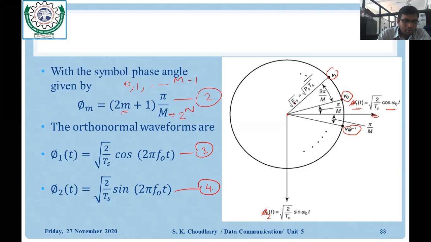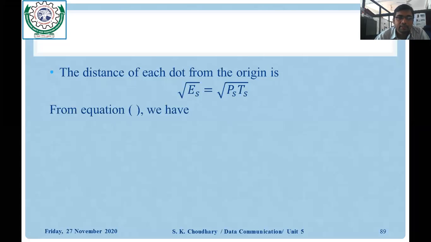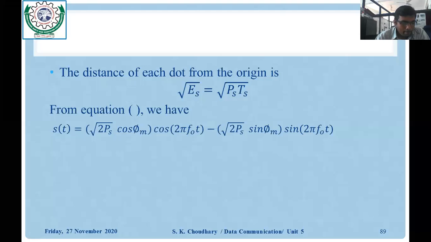Now we have to find the Euclidean distance as well as the bandwidth of this signal. So we derive the distance from the origin, that is square root of Es, which is square root of Ps Ts in terms of power. From equation 1 we have s of t equal to square root of 2 Ps cos of 2 pi f naught t plus phi m.